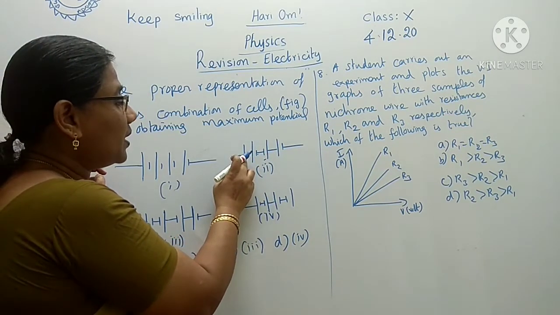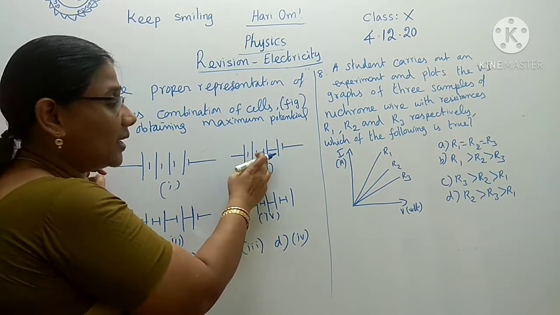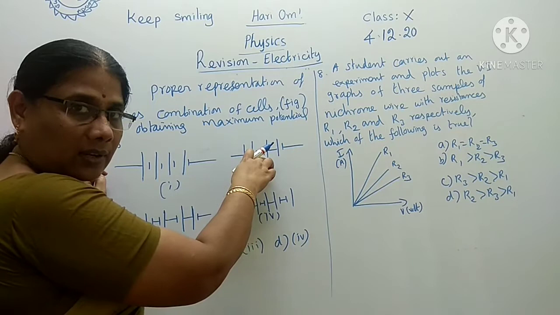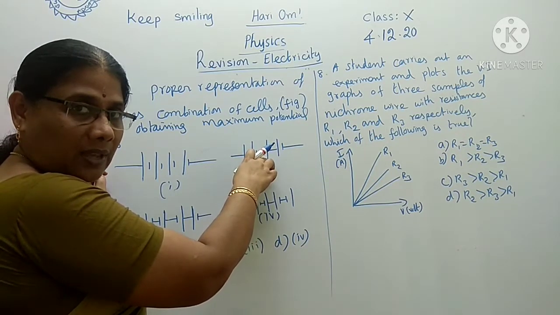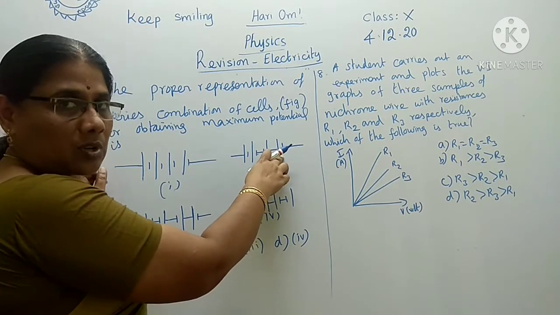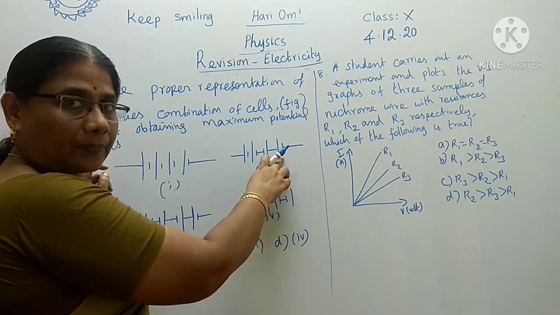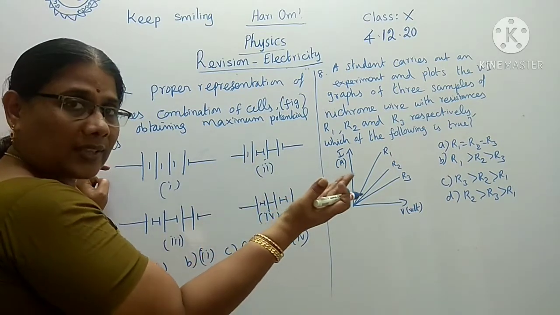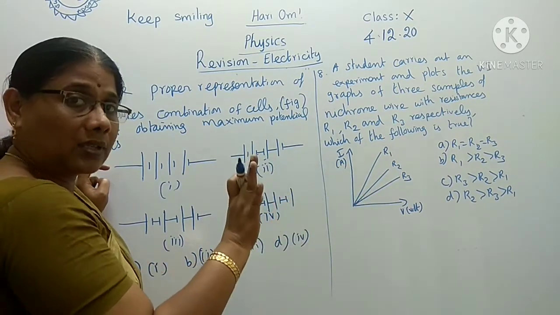Suppose that is considered V plus V, 2V, but here it is in the reverse direction, so we have to subtract it. So minus V, that is 2V minus V, V. Here again the positive terminal is connected, so plus V. So we have to put the negative sign if the cell is connected in the reverse order.